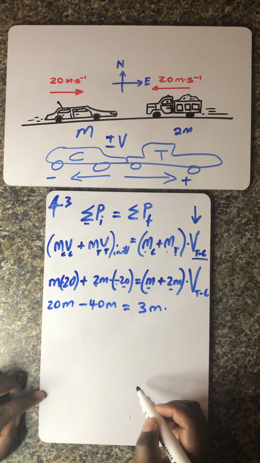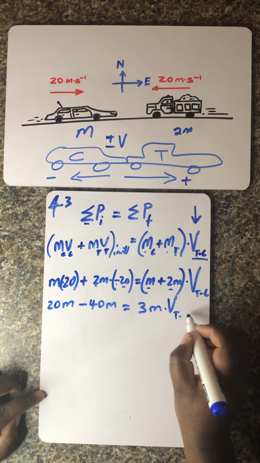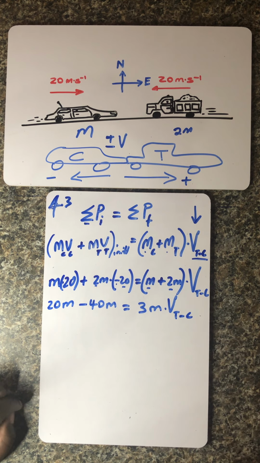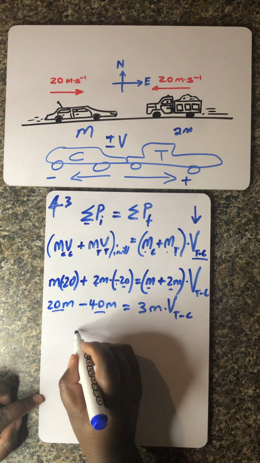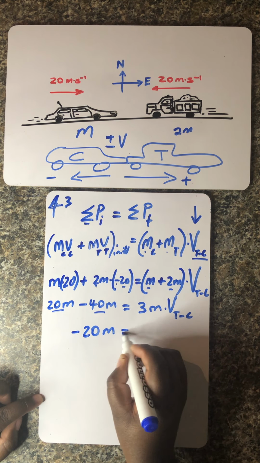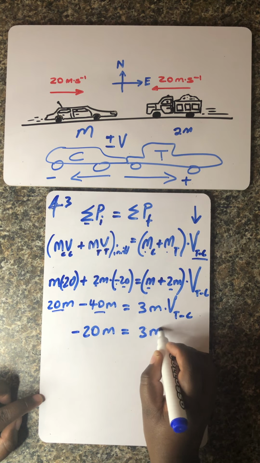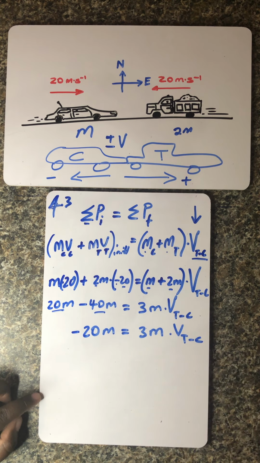Remember guys, you've got v of the truck-car system. So you've got 20m minus 40m, so this should be minus 20m, which is equal to 3m multiplied by the velocity of the truck-car system.